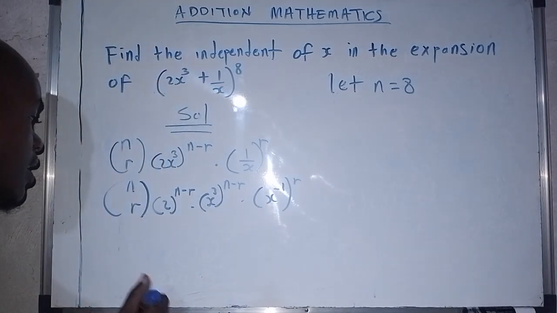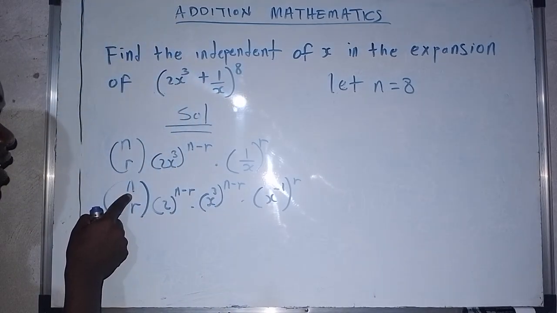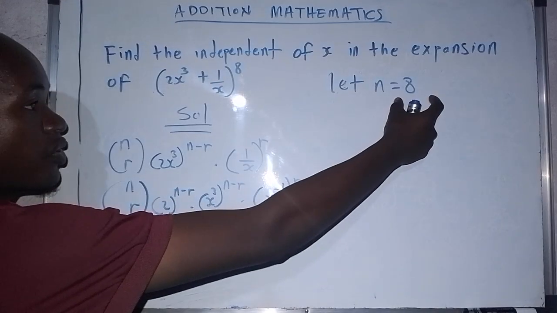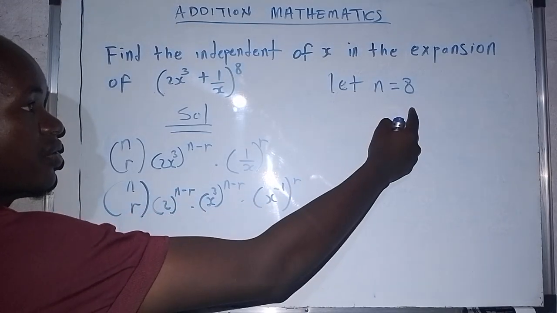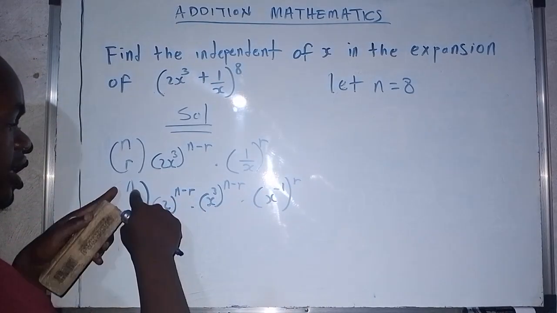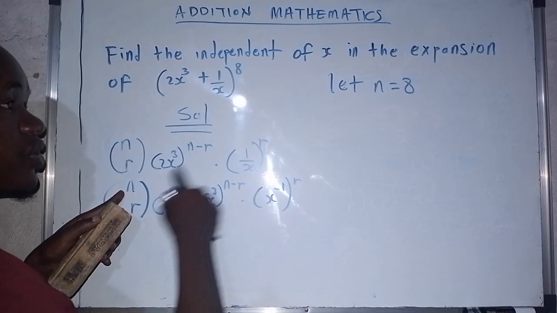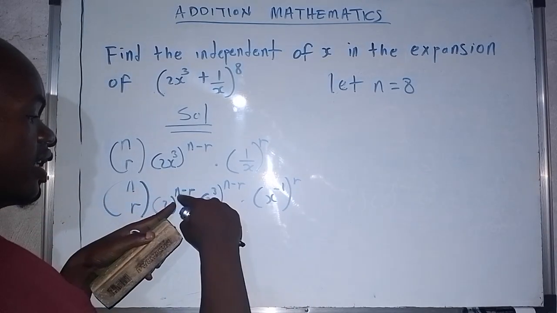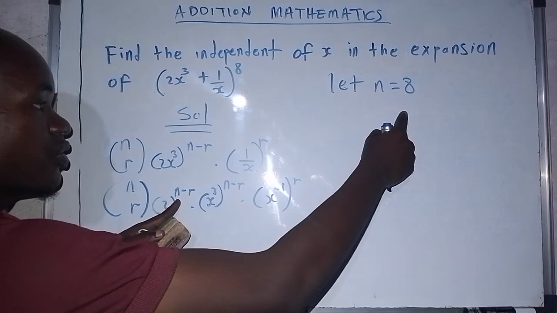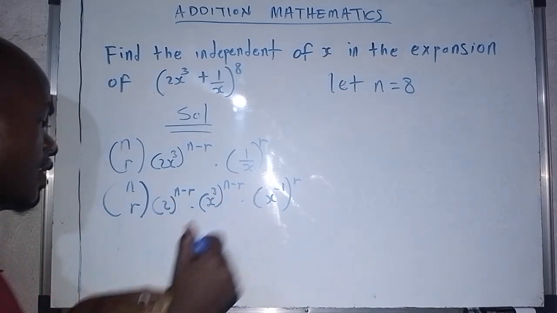Where there is n, we are going to replace with 8, since we selected n equals 8. Again, here where there is n, I substitute with 8, just like that.